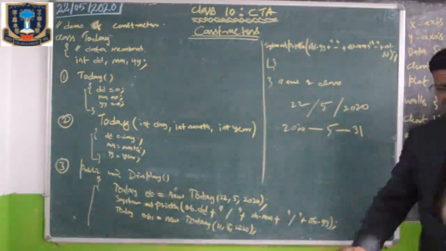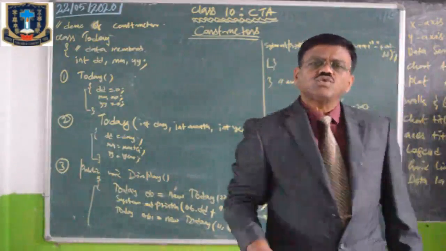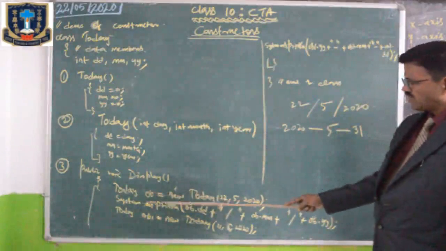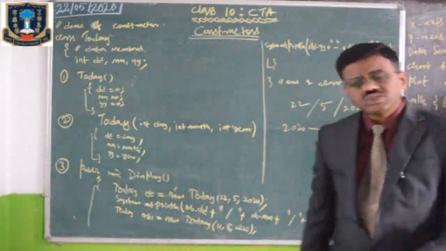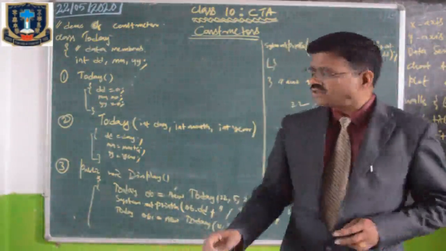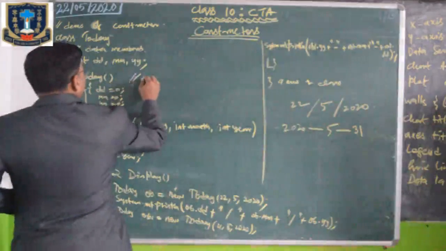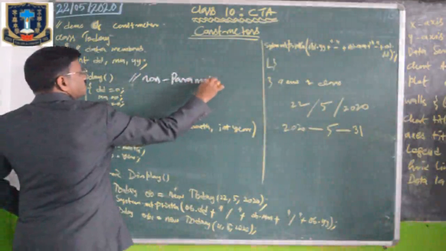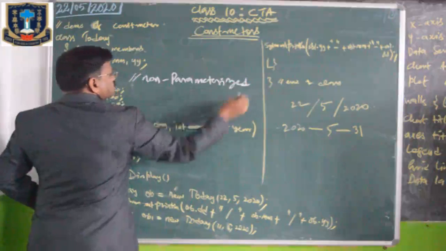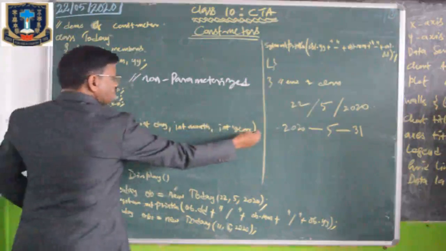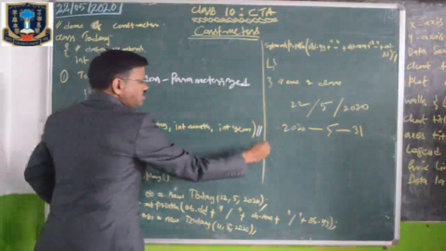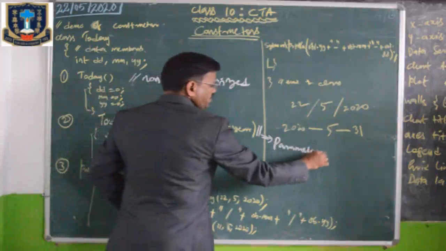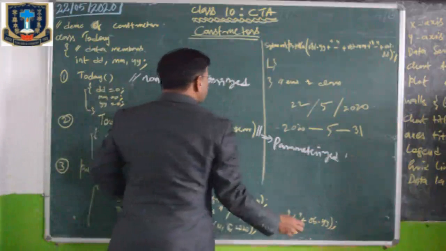What you need to understand is that in this program, I have created two objects, boys and girls. What is the first object? The first object is ob. The second object is ob1. How many constructors are there? Two constructors. This is called a non-parameterized constructor, and this one is called a parameterized constructor.